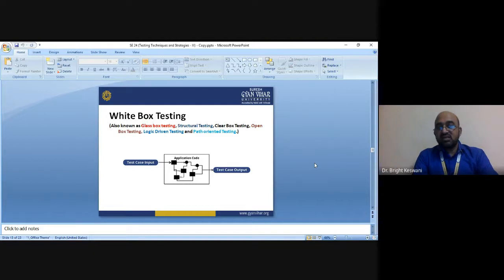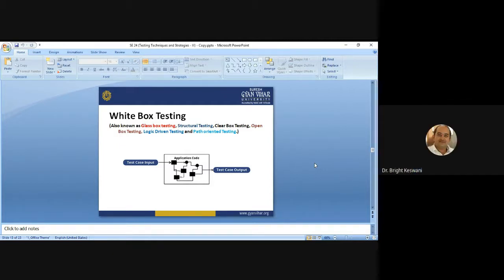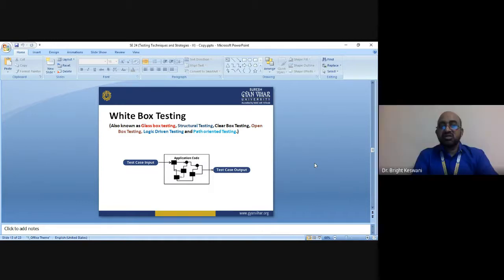As I said, there are so many names for white box testing. Sometimes the examiner will ask about glass box testing, so you should know the other names. White box testing is sometimes known as glass box testing or structural testing or clear box testing or open box testing.